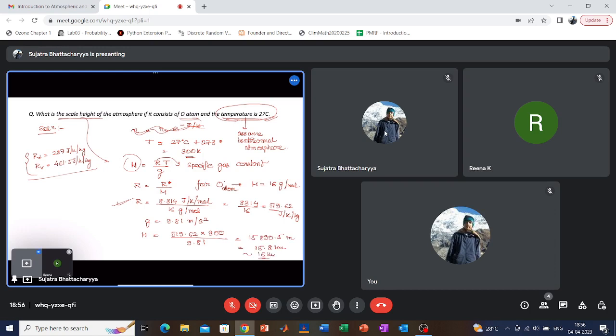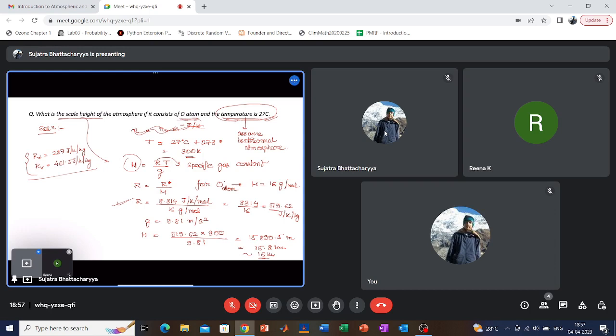That's all. So this is just a question related to scale height. The only thing we need to know here is the atomic mass of that particular constituent if it is throughout the atmosphere.